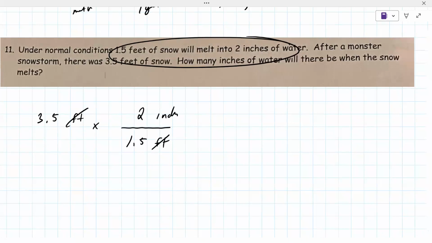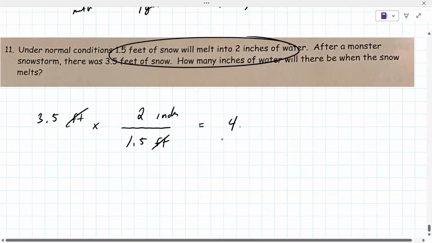So it should be a little more than 4 inches when we're all done. 4 point maybe 6, 7 inches of water. 4.67, you said? Yeah.